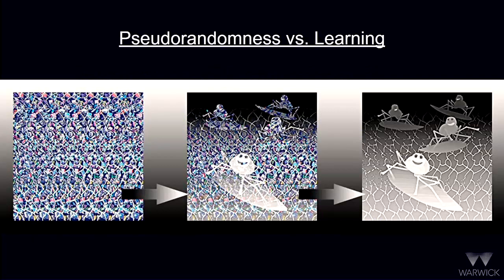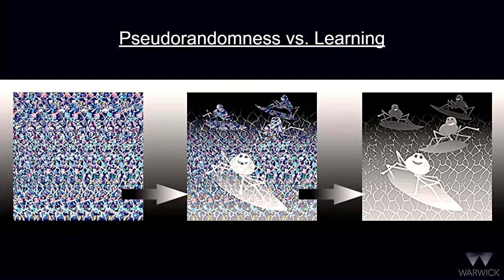Okay, so to that end, we're going to be exploiting this antagonism between pseudo-randomness and learning. These important computational tasks are at odds with each other. There's a sense in which one of them is possible if and only if the other's impossible.